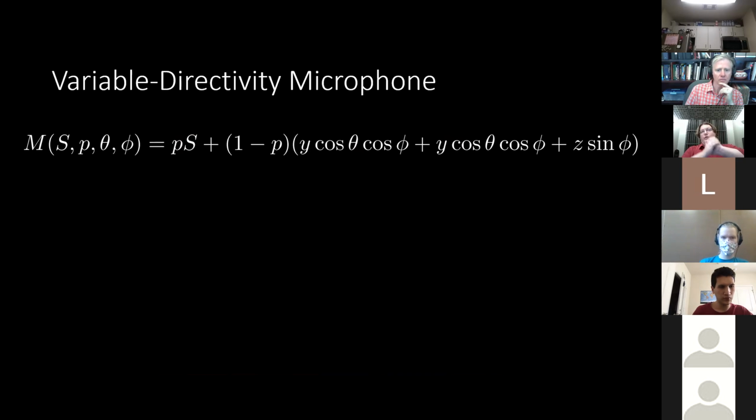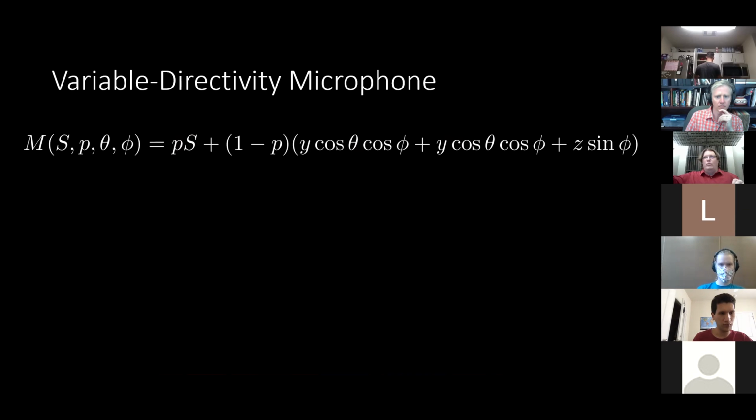So the PW is your omni microphone, and you're adding it to all that mess on the other side, which is your bidirectional microphone. And all P is doing is weighting between the omni microphone and the bidirectional microphone. It's simple linear interpolation between the two.